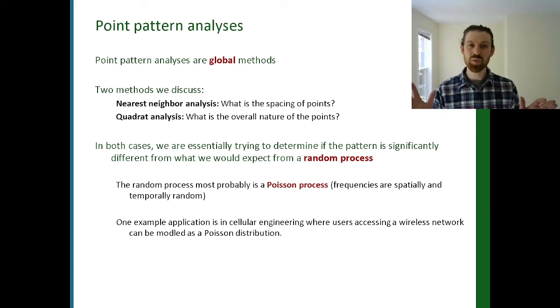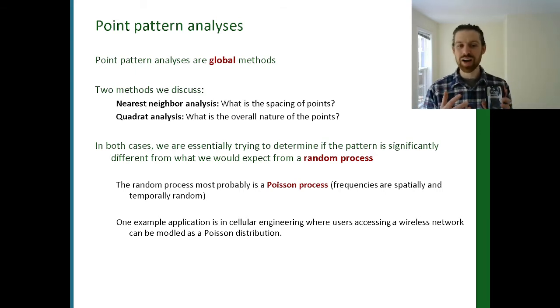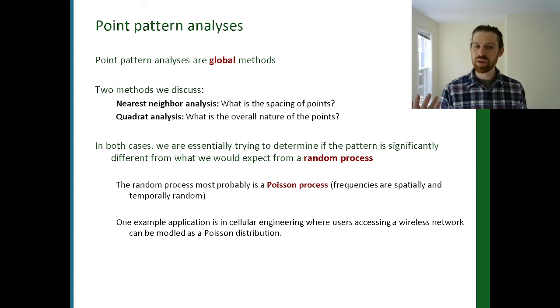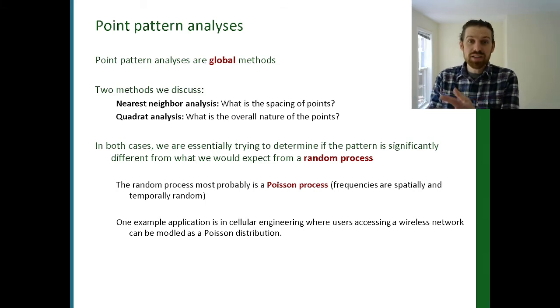So somebody somewhere needs to consider how many people are actually going to try and access high bandwidth video content at once within our cell area, and the way that they generally do that is by using a Poisson distribution. Okay, and they're going to have to say that user Y is going to be accessing X amount of data over this period of time, and user X is going to be demanding this kind of data content over time.